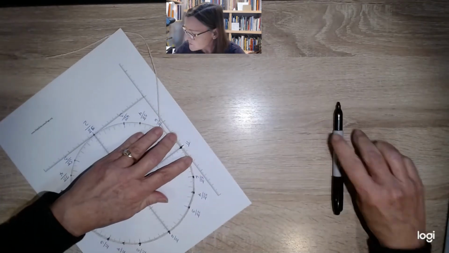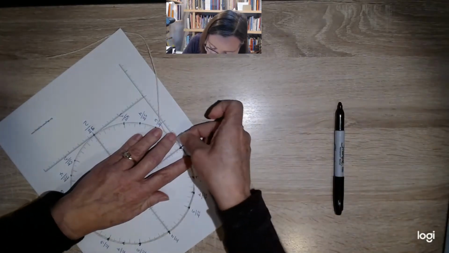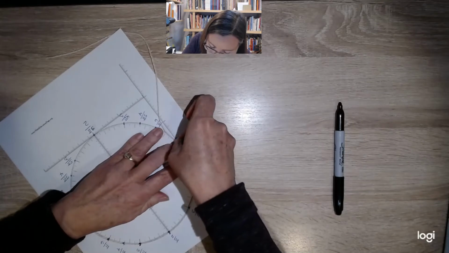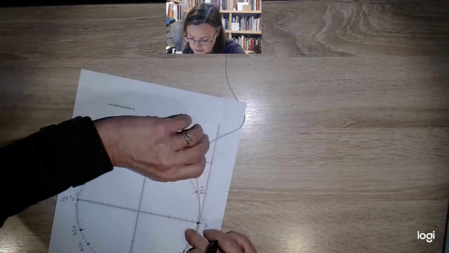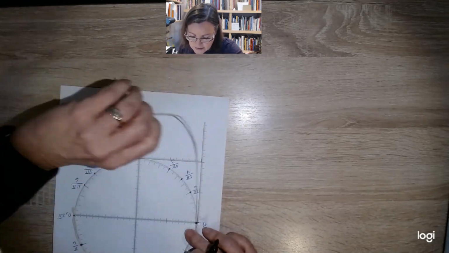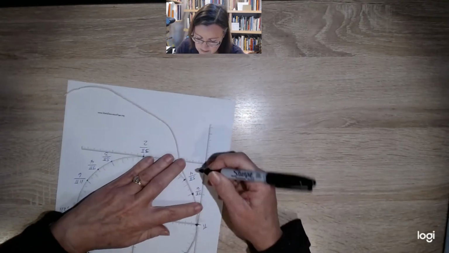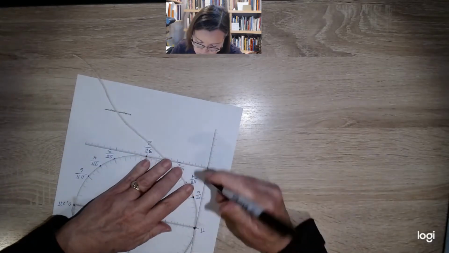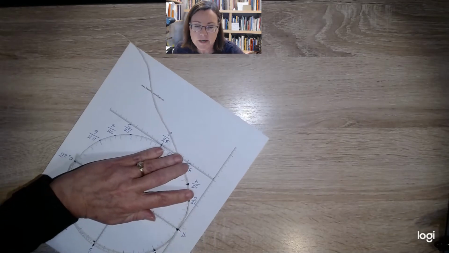At this point, I'm going to go ahead and tape something down because I want my values to be pretty clean. So I'm just taping it down at my pi point, and then I'm going to keep going. There's my 7 pi over 6, 5 pi over 4. Okay, just keep going until you finish, all right?